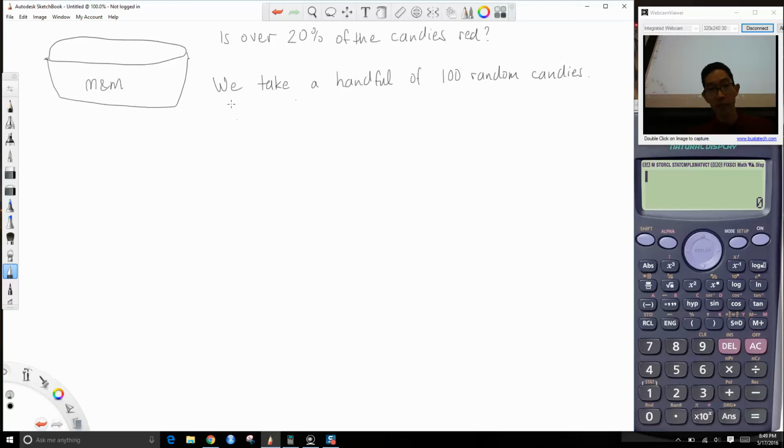Okay, and we get 23 red pieces. Okay, and the question is, does this provide evidence that over 20% of candies in the tub are red?